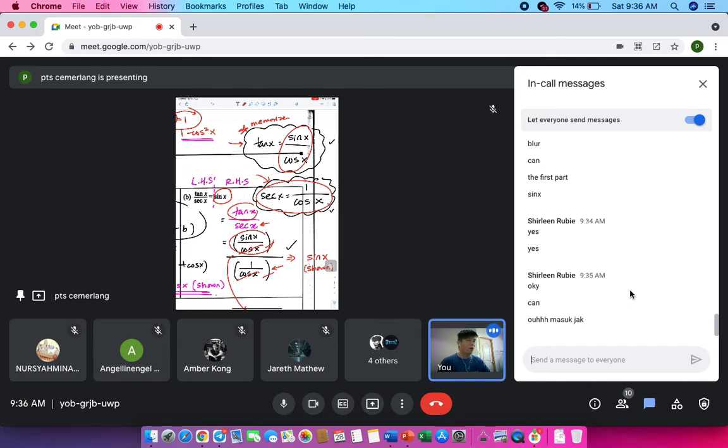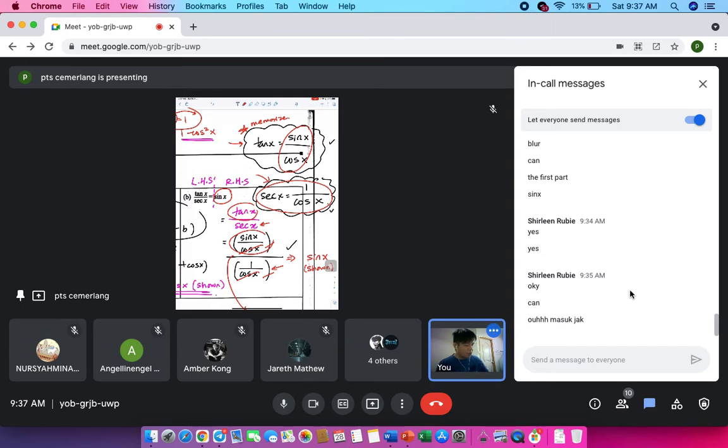If you really want to understand every single part, I am afraid that some part you might not be able to, because memorization will help lah. Dalam part ni, because tangent x equals to sine over cos, kalau you nak fahamkan boleh, cuma tak ada guna nak fahamkan sebenarnya. That is one of the formulas that you have to memorize, alright?